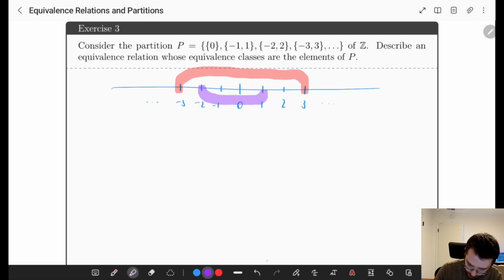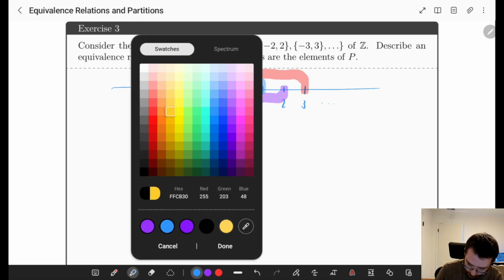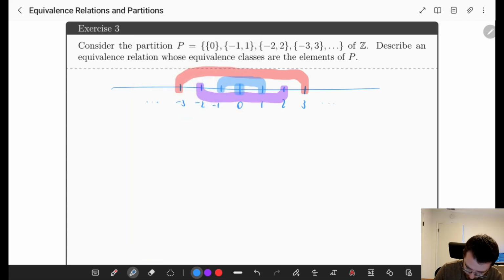This is an equivalence class. This is an equivalence class. And another color. 0 is an equivalence class all on its own. I'm trying to just highlight two integers individually, or one in the case of the number 0. What relation does that look like?